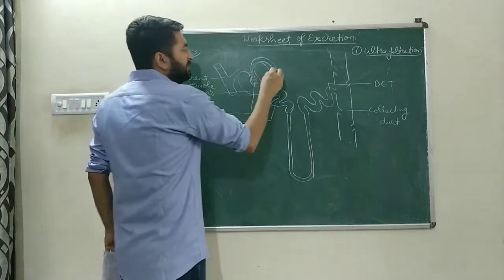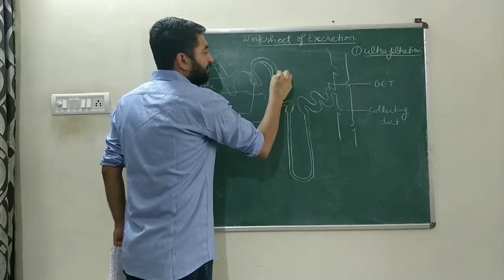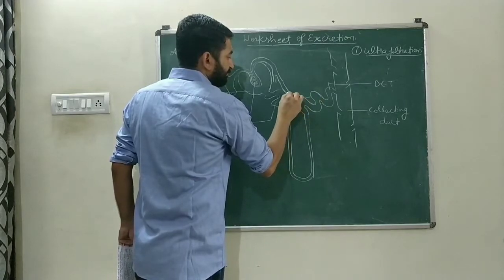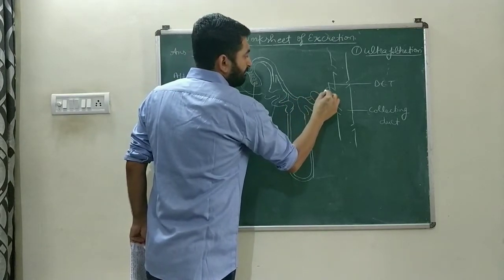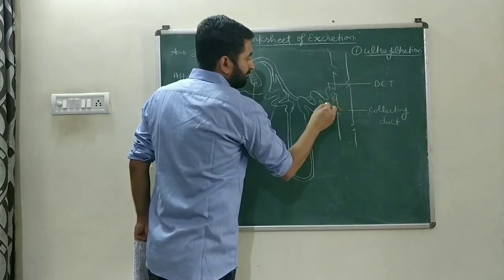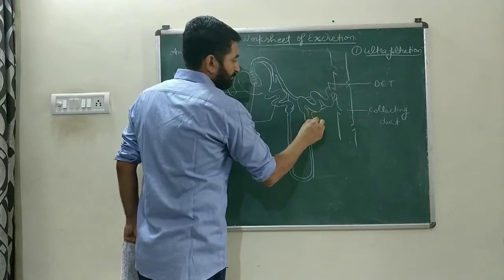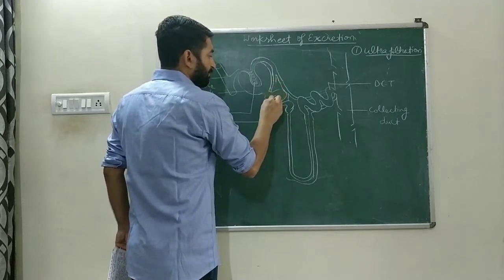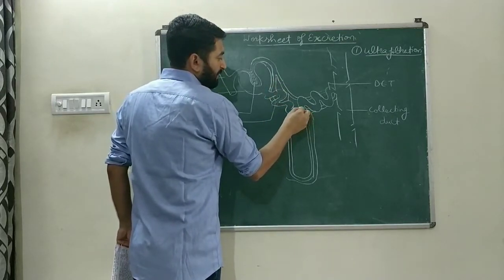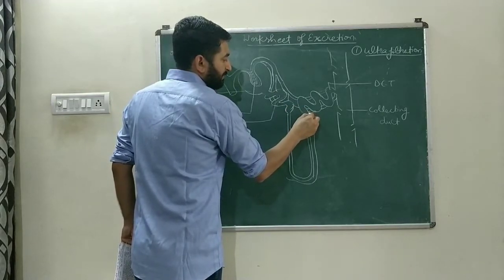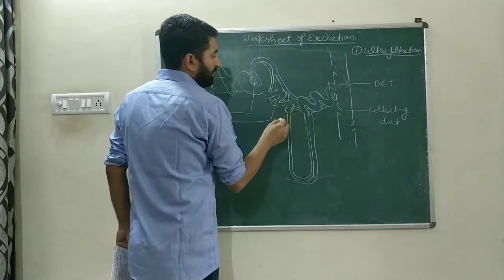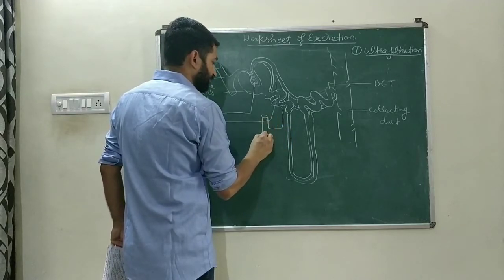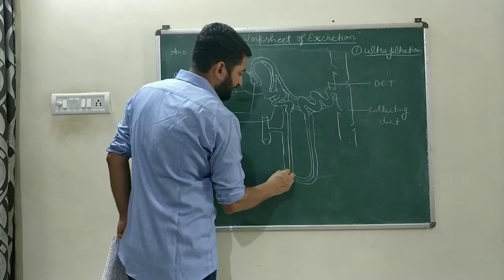This efferent arteriole further divides into a network of capillaries around the nephron. And that will combine together to form a renal venule.